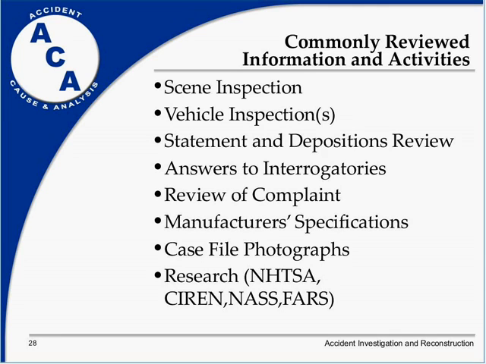You can access that through their websites at dot gov, and you can do query searches and find out how many frontal accidents have happened with a Ford Explorer with a certain Delta V, and you can actually do research that way. FARS is the Fatality Analysis Reporting System. That is kind of a paper type of system, but if you're looking for fatality trends, that's an excellent source of information.